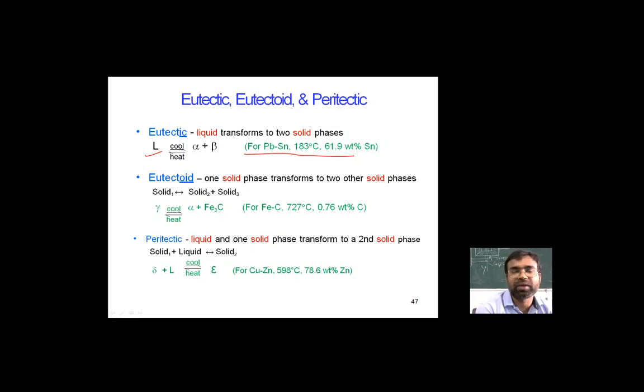That transformation takes place at 727 degrees centigrade, and basically the one solid solution, the gamma austenite, is transformed into alpha and cementite, Fe3C. So one solid is transformed into two solids at 727 degrees centigrade, and the transformation is related to that.